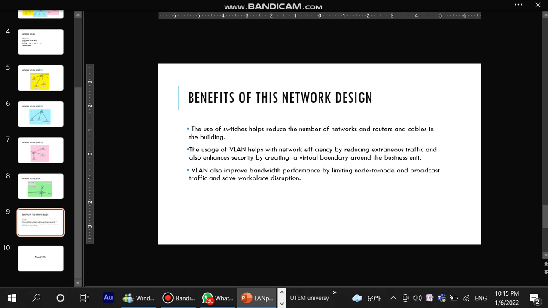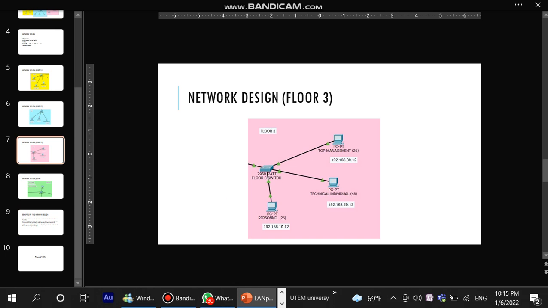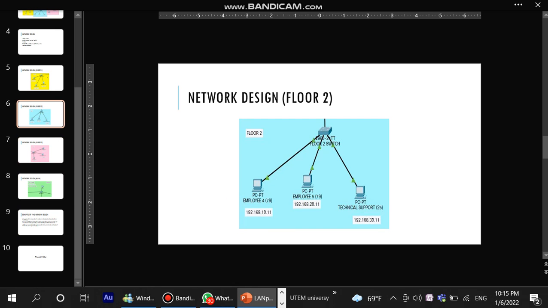extraneous traffic and also enhances security by creating a virtual boundary, which can help the networks.